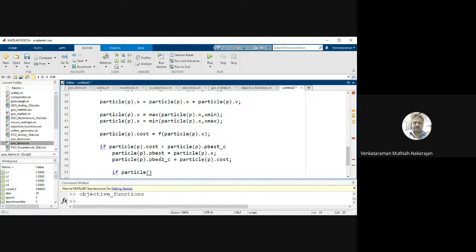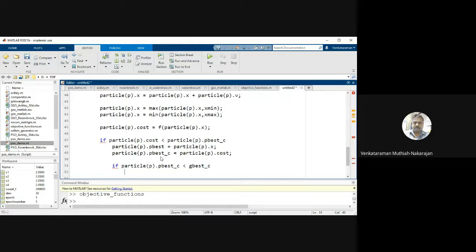You also have to compare the particle best. Now you have updated P best. You compare the P best with the global best, G best. If the particle P best cost were lower than the G best, then you update the global best.